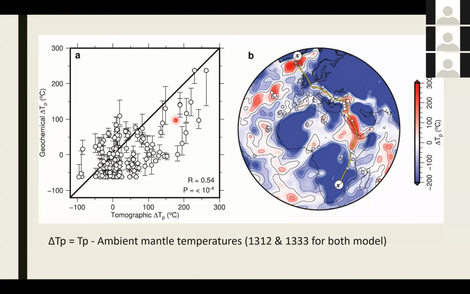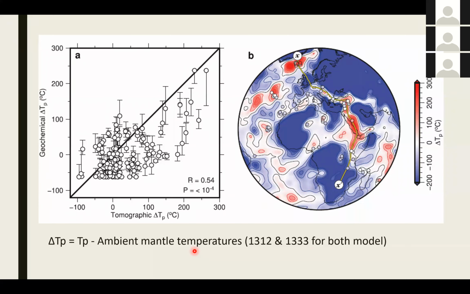And there's a positive correlation, R equal to 0.54, between geochemical potential temperature and the tomographic estimates of the delta potential temperature, which is the temperature anomaly with respect to the ambient asthenospheric mantle, which is 1312 and 1333 for both models.